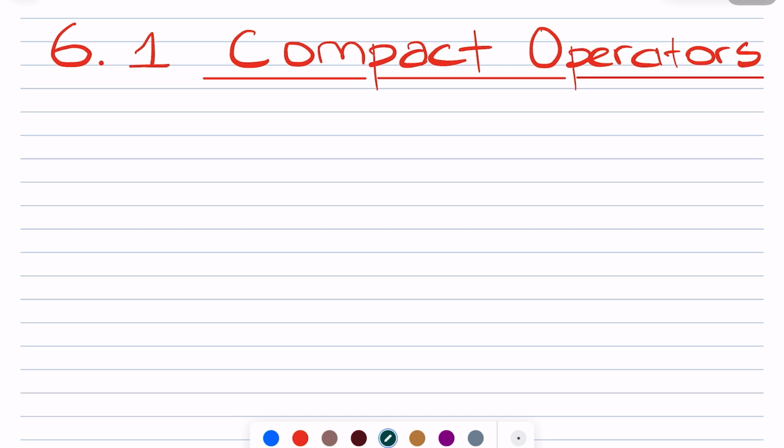So in order to give you a broad picture of what a compact operator is, imagine you have a camera with a zoom feature, right? And you're trying to capture a detailed image of a distant landscape. The zoom capability of the camera allows you to focus on specific areas, bringing distant objects closer, right?